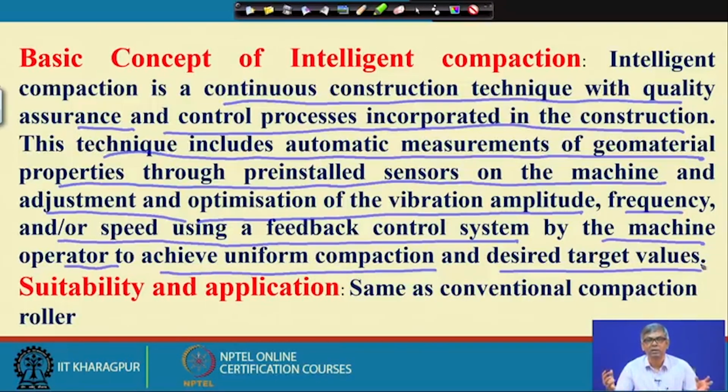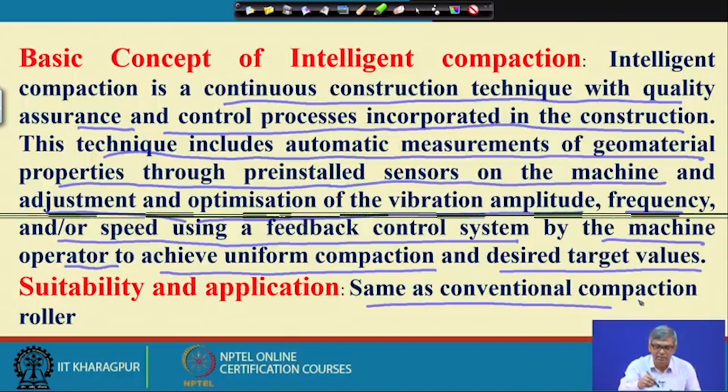Information is fed in, it also receives information, and where there is a mismatch it will instruct you. Suitability is the same as conventional compaction equipment, with the additional advantage that you do not have to do any quality control separately.